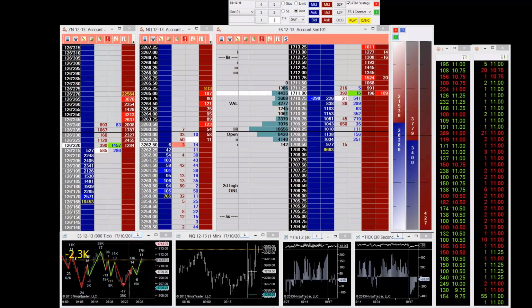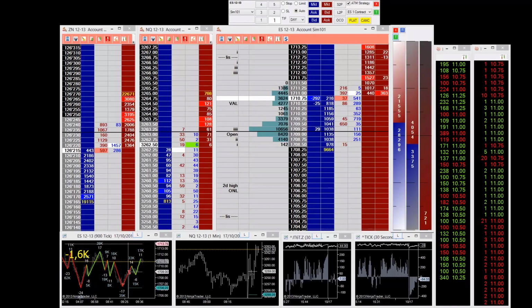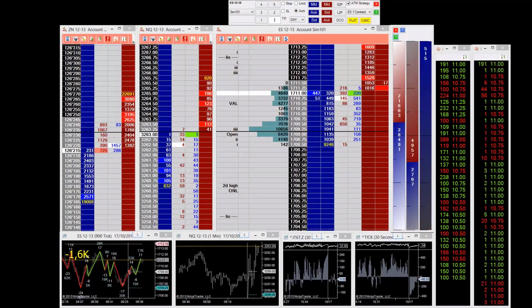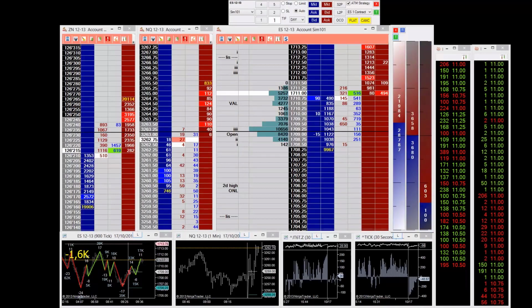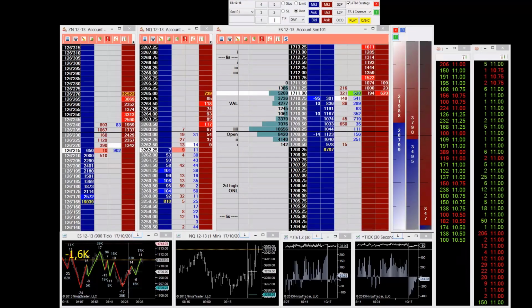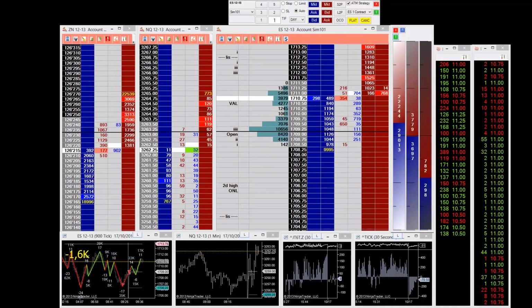So the first thing we're going to look at is order flow, but when I say order flow, the first thing we're going to look at is market orders. The most important thing to look for, in my opinion, is the flow of orders in the market that you are trading. So if the flow of orders is aggressively against you and the price moves against you, there's really not a lot of other things to consider.